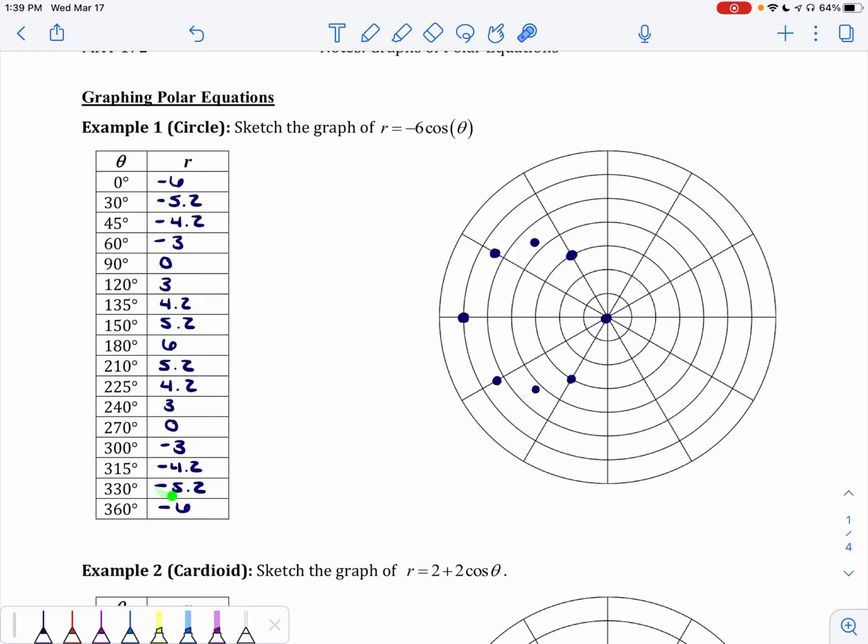So the second half of these points in this particular example are just redundant. They're already points that we've plotted. So we have everything we need. Now we just need to connect our points. Basically just connect the dots, and you have a nice little circle. So that is going to be our graph.